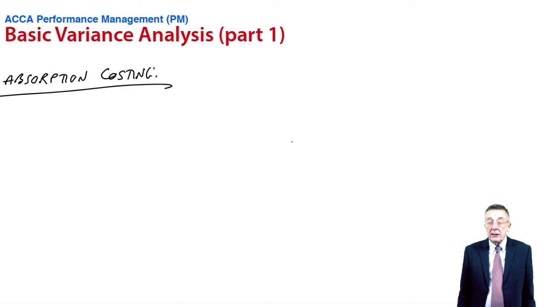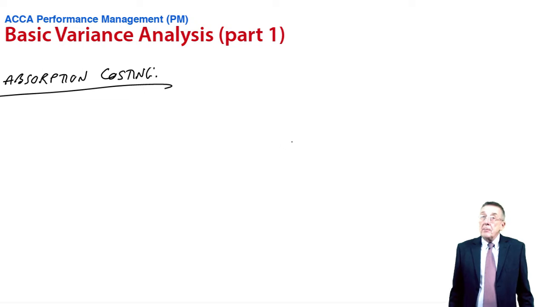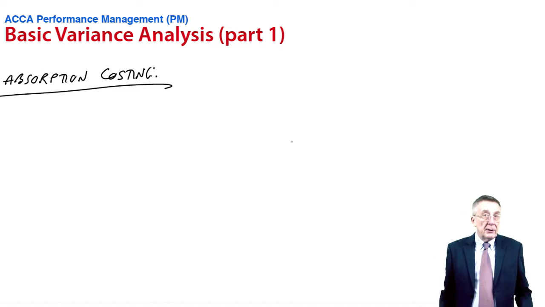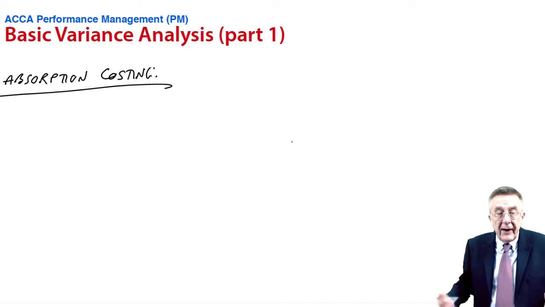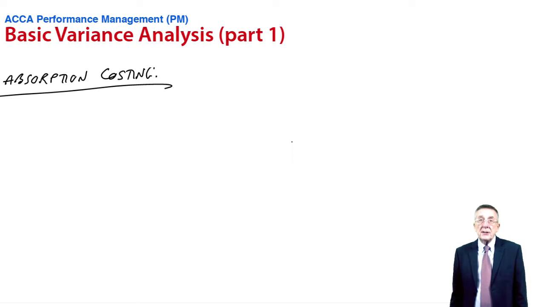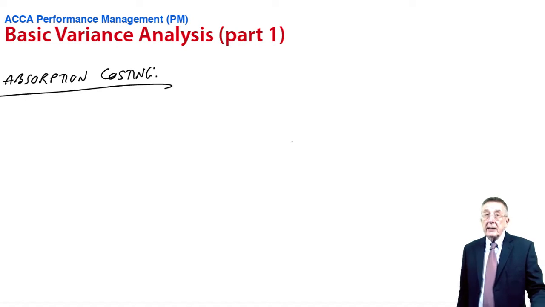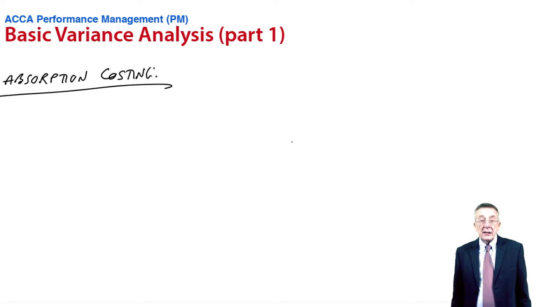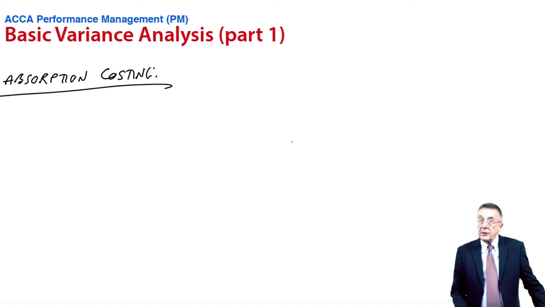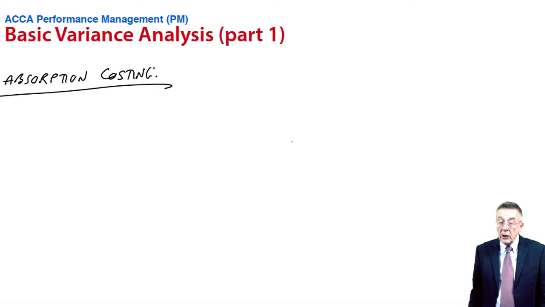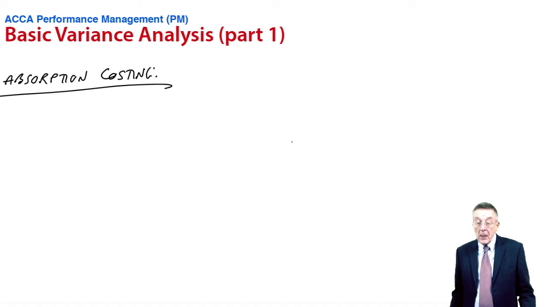Again, here it's 15 a unit. With marginal costing, and I'll talk about what effect it has on all this if it's marginal costing, with marginal costing, we don't bring the fixed overheads into the cost card. That 15 wouldn't be there. Now, I'll talk about what would happen if it was marginal costing later. For the moment, this is absorption.